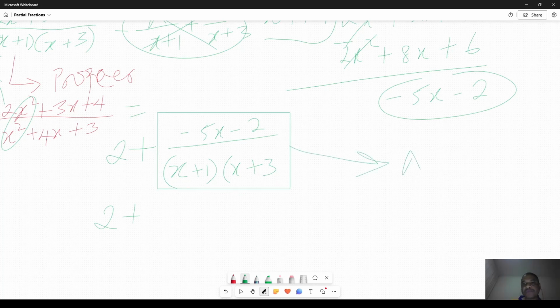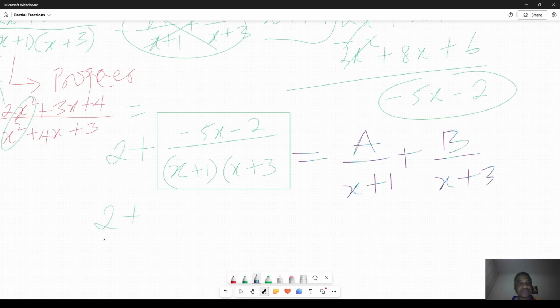So only this will be A over x plus 1 plus B over x plus 3. Then whatever you get for A and B, you can easily bring it back here.